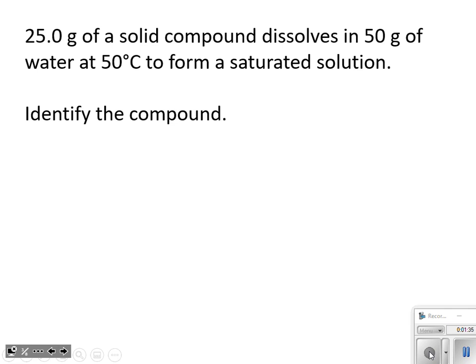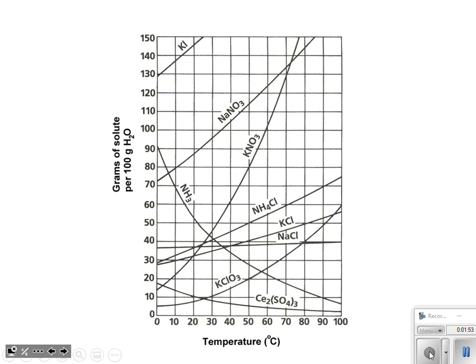So this problem states 25.0 grams of a solid compound is dissolved in 50 grams of water at 50 degrees Celsius to form a saturated solution. Identify the compound. So I am going to come over to this solubility table right here.